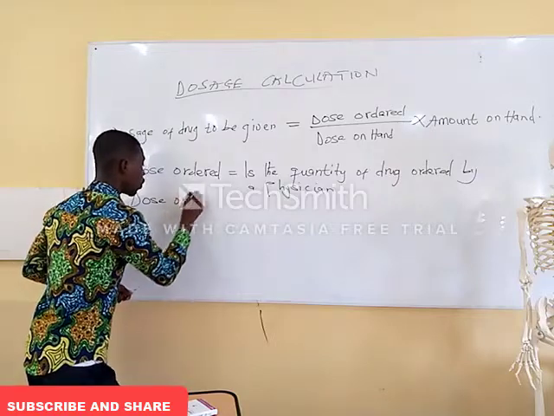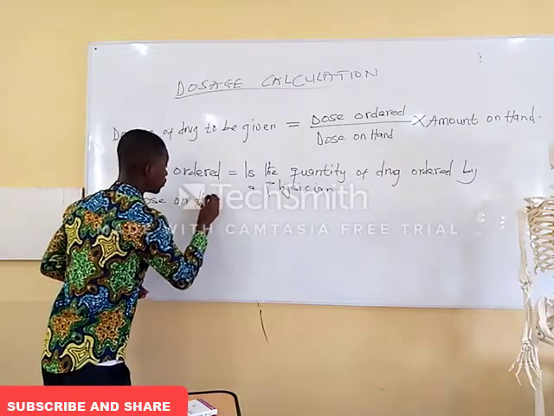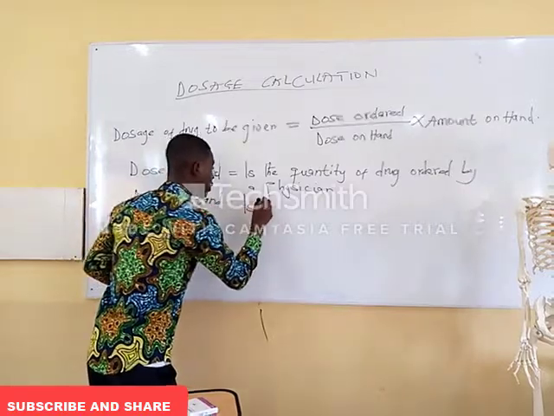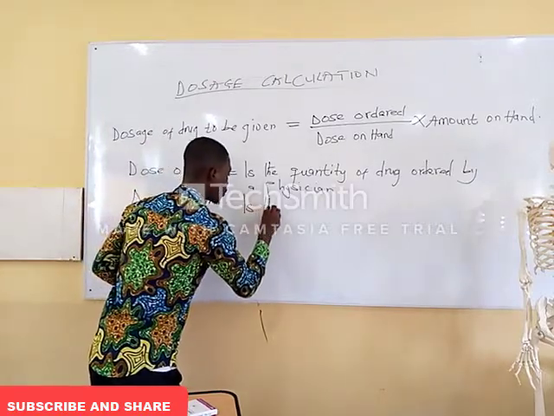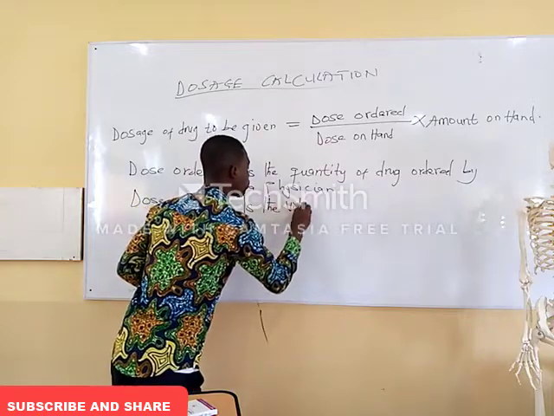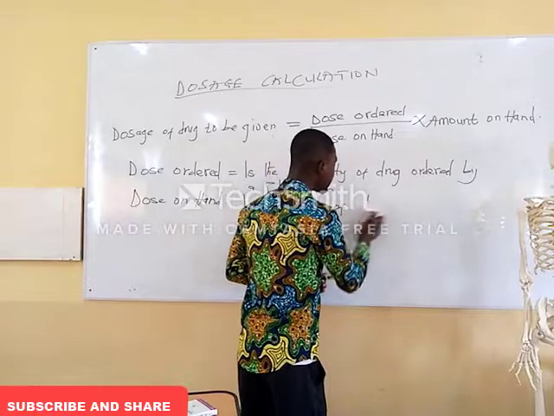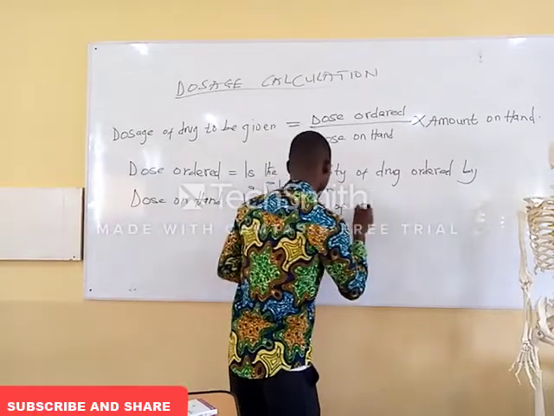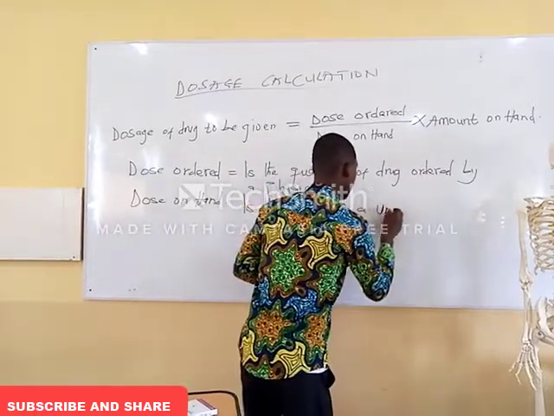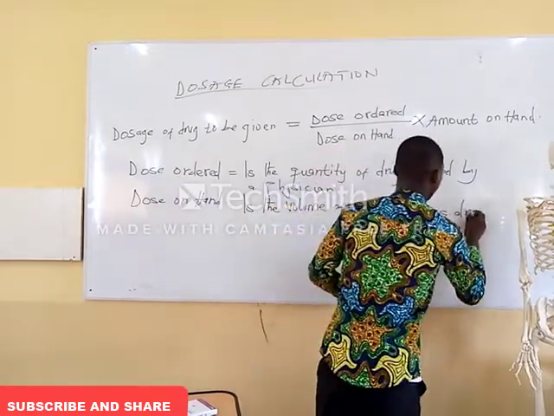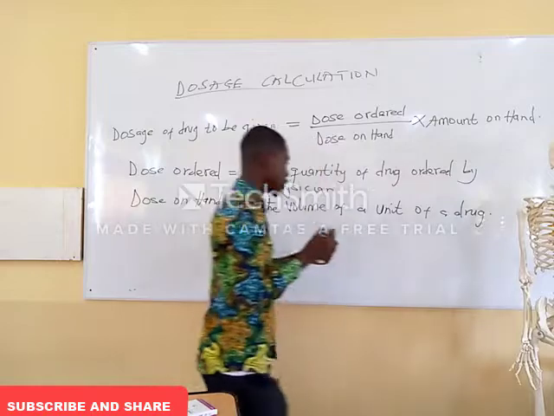Dose on hand is the volume of a unit of a drug. Let me put it like this: a unit of a drug. I'm going to make some illustration.